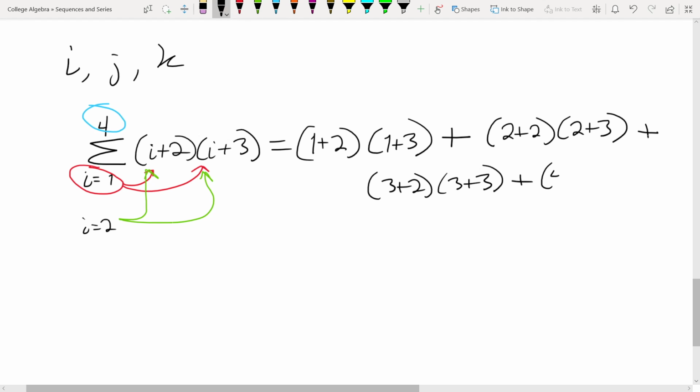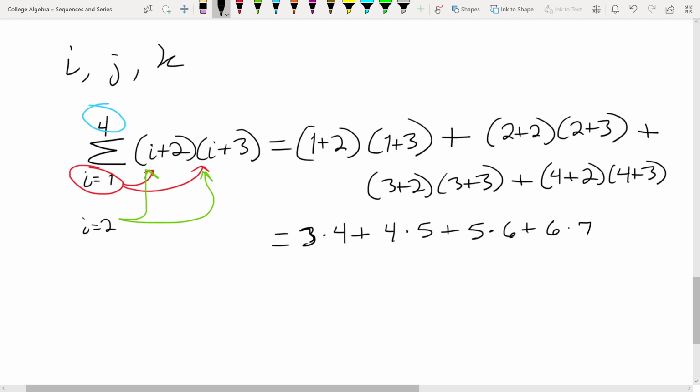So that's going to be the last term in our series. 4 plus 2 and 4 plus 3. Now we just expand each of the terms and add them up. So 1 plus 2 is 3. 1 plus 3 is 4. 2 plus 2 is 4. 2 plus 3 is 5. 3 plus 2 is 5. 3 plus 3 is 6. And we get 6 and 7.